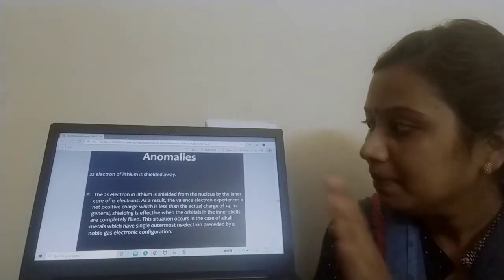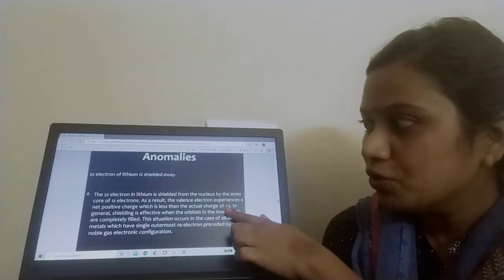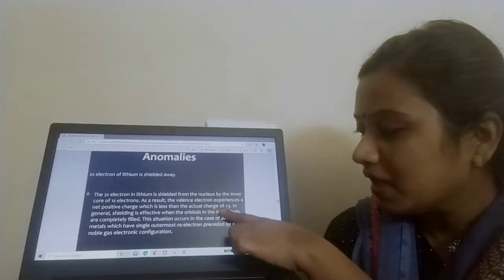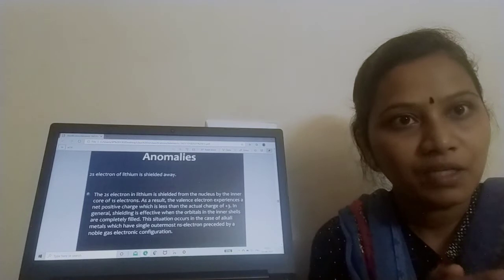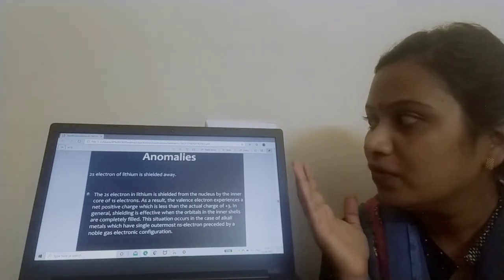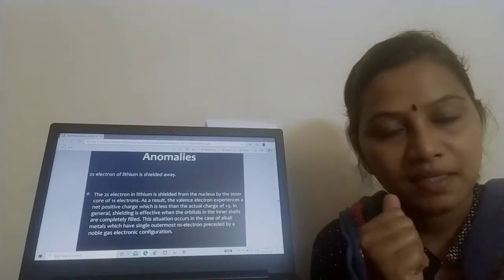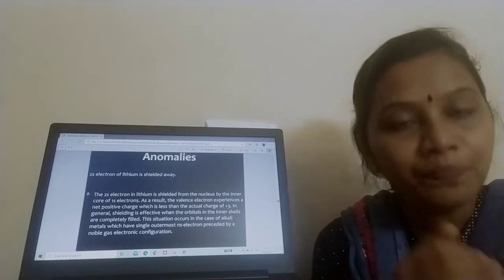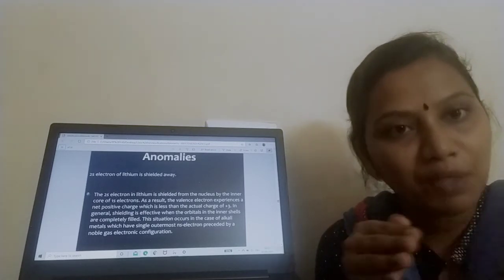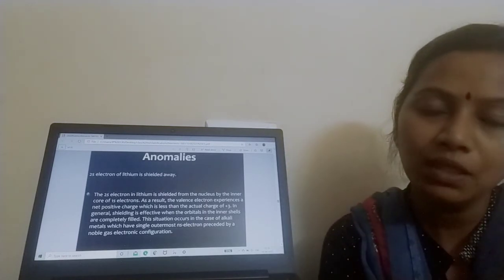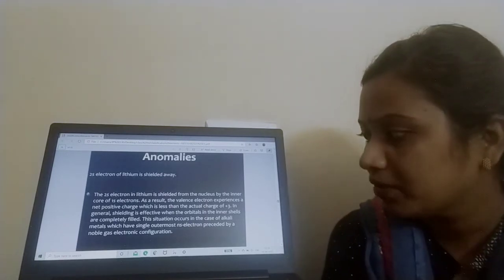This is exactly the concept. The actual net positive charge should be +3, but the charge which the valence electron of lithium experiences is less than +3. Why? Because of the intervening electrons present between the nucleus and the outermost electron.